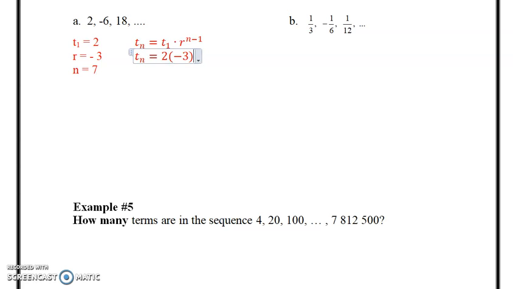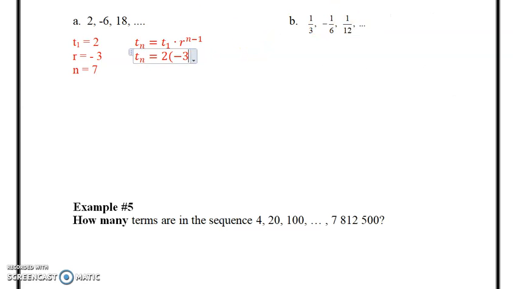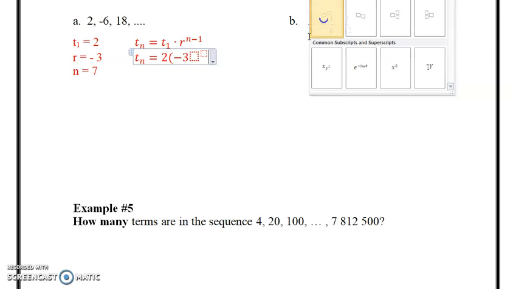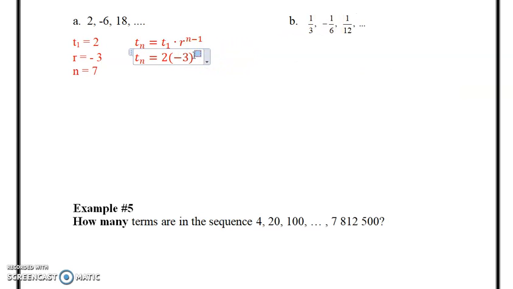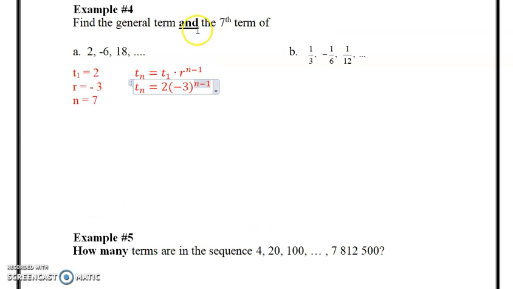My apologies. And it's going to be to the n minus 1. So we're going to want to insert our exponent there, to the n minus 1. Okay, so there's the formula. That's all we need. That's the first part, the general term.